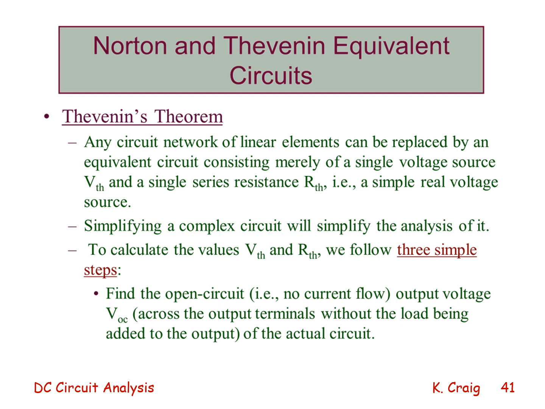So to calculate the values of V Thevenin and R Thevenin, we follow three simple steps. The first step is to find the open circuit, that is the no current flow, output voltage, V open circuit, across the output terminals without the load being added to the output. So this is V open circuit of the actual circuit.